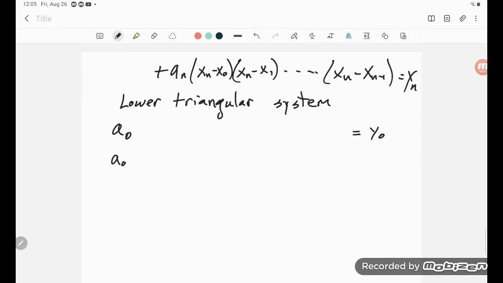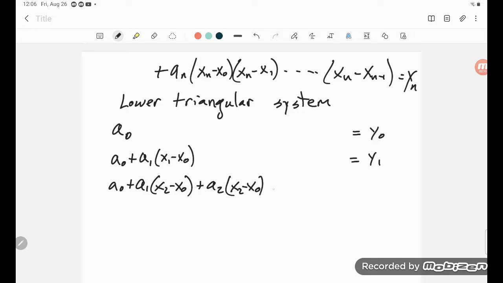We'll get a0 plus a1 times x1 minus x0. That equals y1. And then we'll get a0 plus a1 x2 minus x0 plus a2 x2 minus x0 x2 minus x1 equals y2.